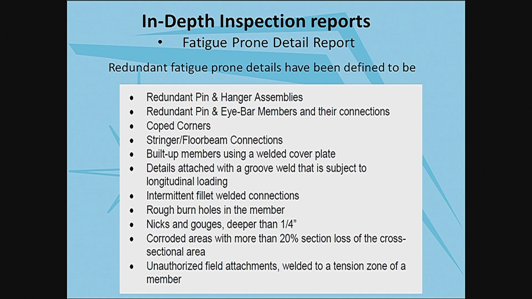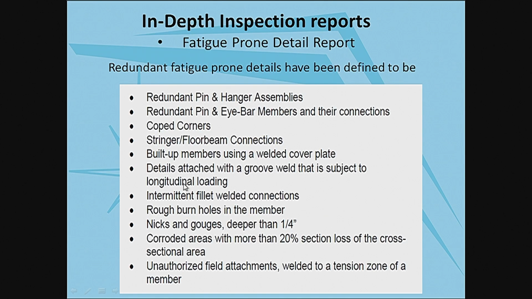The classic stringer floor beam connections that support your deck. You'll find rivets that are popping out. You'll find corrosion and even cracks in your stringers, or even the clip angles that are holding the stringers to the floor beams. So these are basically where you would find those fatigue-prone details.